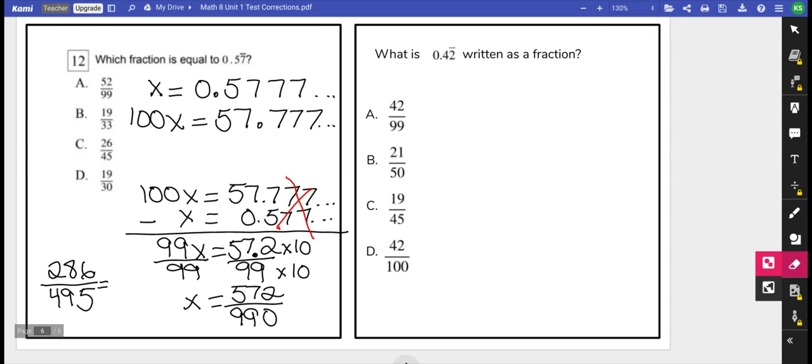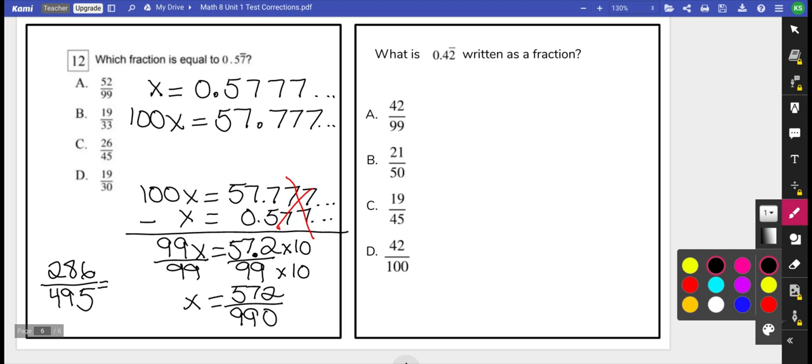Let's see if 495 is divisible by 11. Yep, so that works. So I'm going to divide the numerator and the denominator by 11. I just had to go through and guess and check, because those aren't ones that I know off the top of my head.